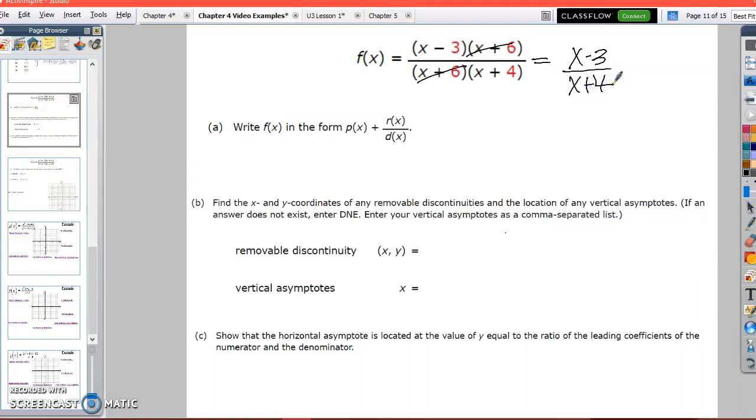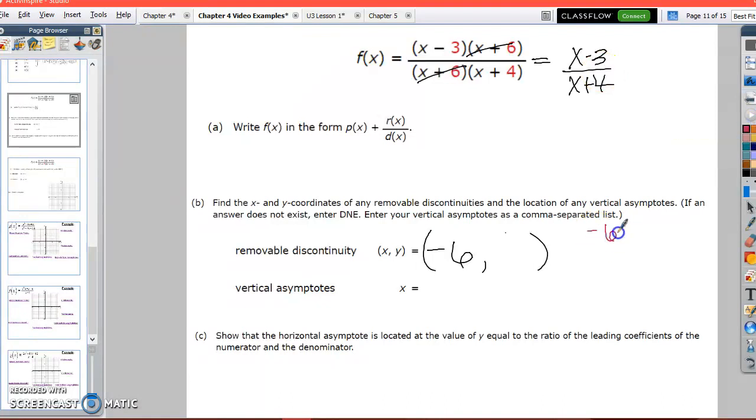From here, since I was able to remove these factors, that means that I'm going to have a removable discontinuity at -6. It's -6 because that is where our function would be undefined because we would end up dividing by 0. To find the y value, we need to plug -6 into our simplified function for f of x.